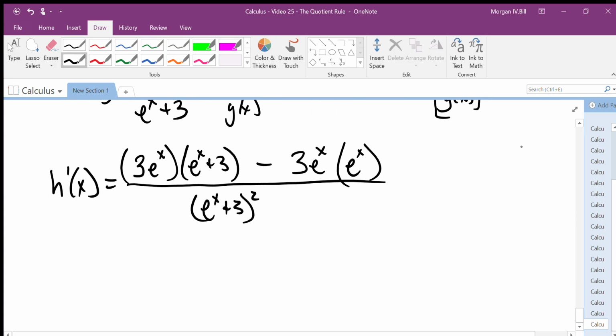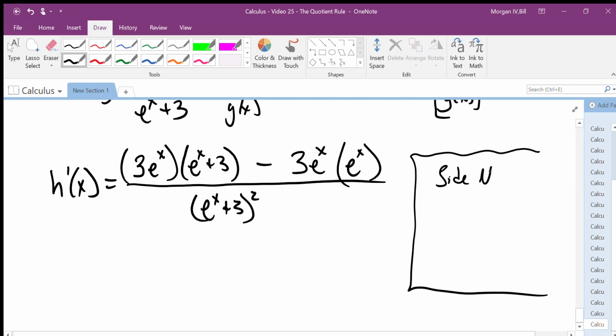Side note, this is important. We'll use this property of exponents quite often. If I have e to the x times e to the x, that is by definition e to the x squared, right? Same two things multiplied together. 4 times 4 is 4 squared.